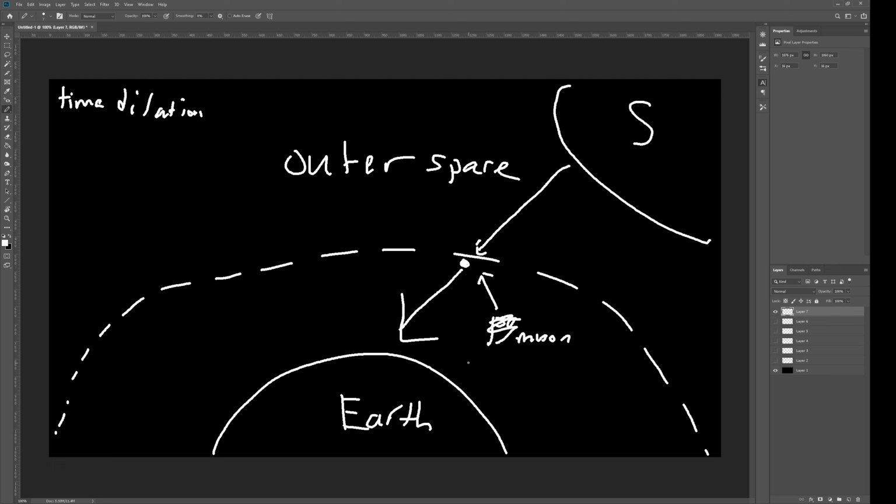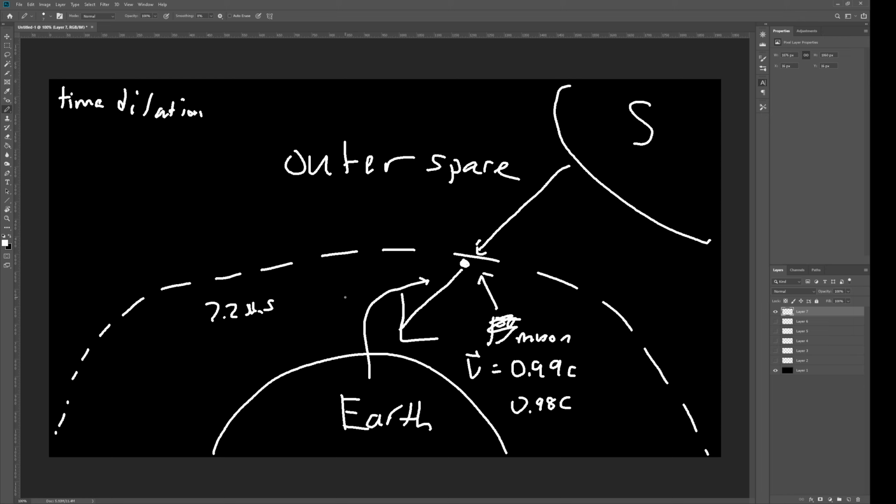Now, the velocity of these muons is very close to the speed of light, and we denote that speed as 0.99c or 0.98c, depending on the muon, of course, and circumstances. But what this means is that we record the time of the muon's life as 2.2 microseconds.